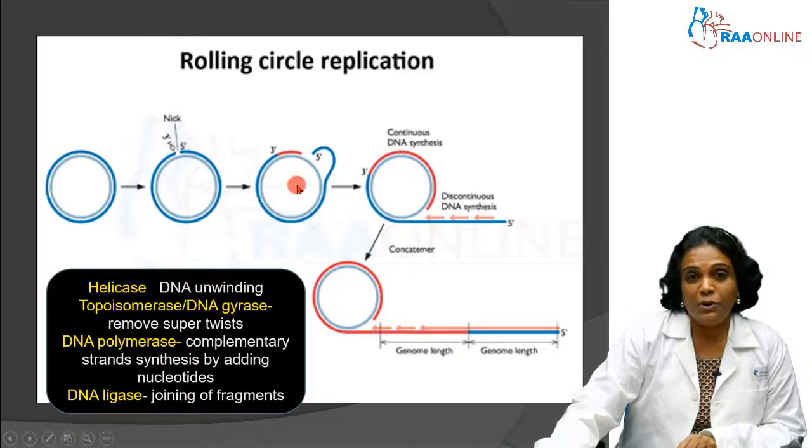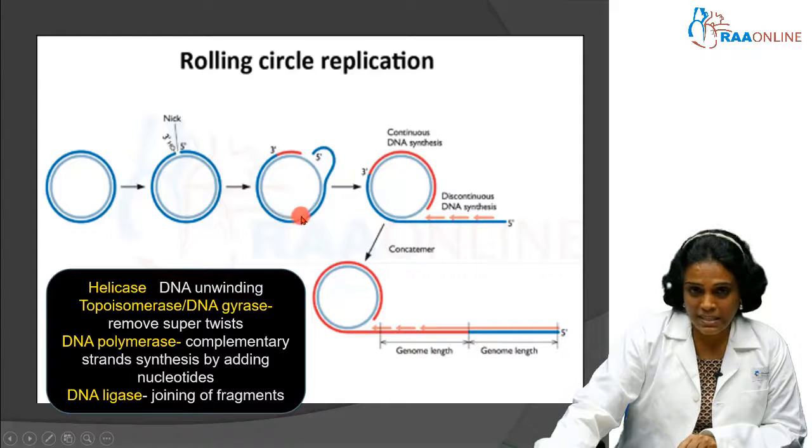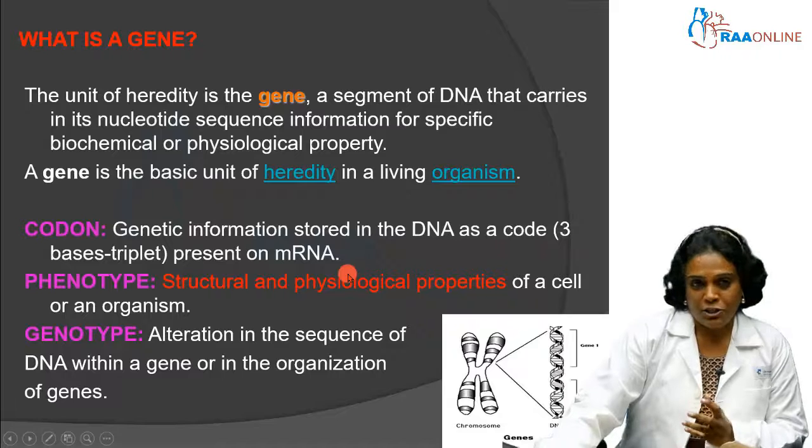The second one is the rolling circle replication. This happens in the case of conjugation. Now one strand will act as the template to synthesize the other strand. So this you call rolling circle replication. Now what is a gene?